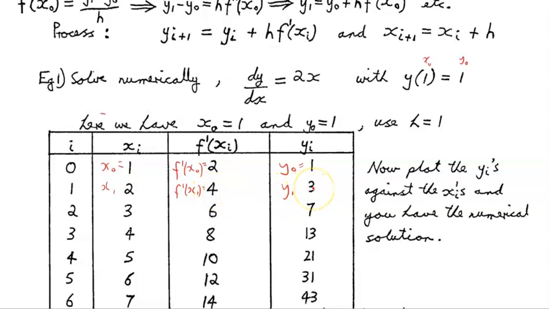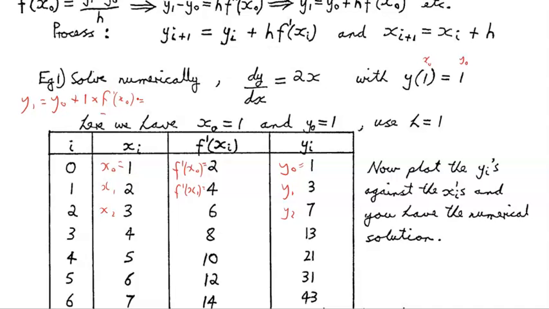Okay, now x1 is 2, put 2 in there, 2 twos are 4, so f dash of x1 is 4, okay, y1 is 3. Now, what we're trying to do, and this will be x2, y2, all right. Now, to generate y1, I'm going to have y1 will be y0 plus h, which is 1, times f dash x0.